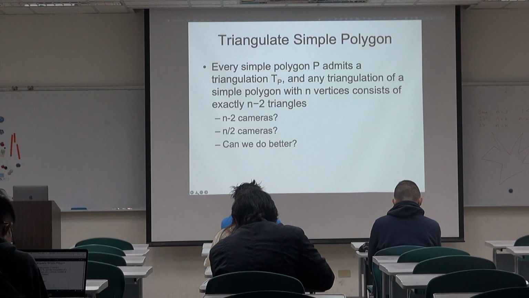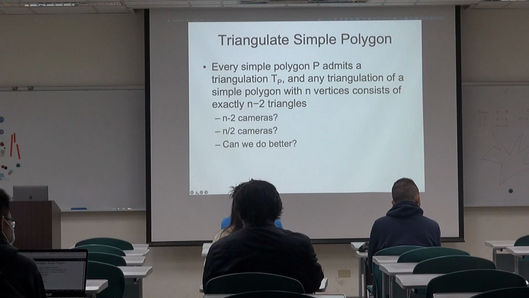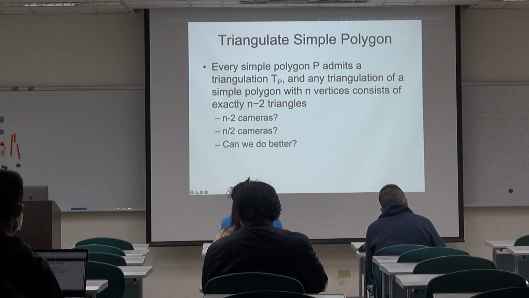The interesting thing is this: if you are able to find a diagonal line to break your simple polygon into two simple polygons, of course this diagonal line should not intersect with any side, any edge in this simple polygon.